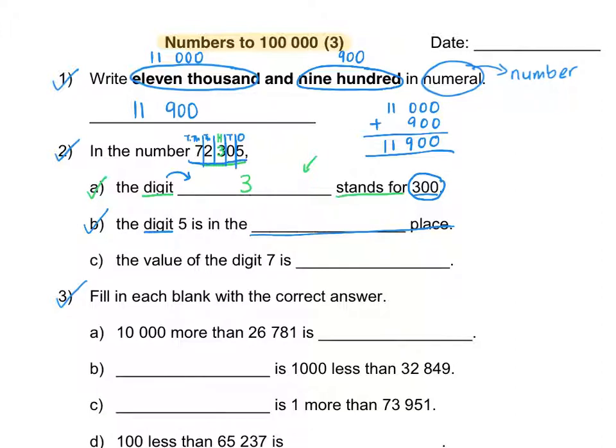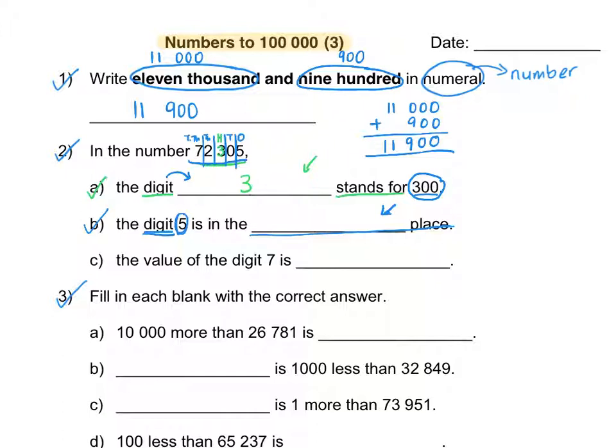Is the blank asking you to write down the digit, or is it asking you to write down a place value? Okay, if you notice over here, beside the word digit, there is already a number 5, meaning to say digit has already been written down. So what the question is asking for is actually the place value.